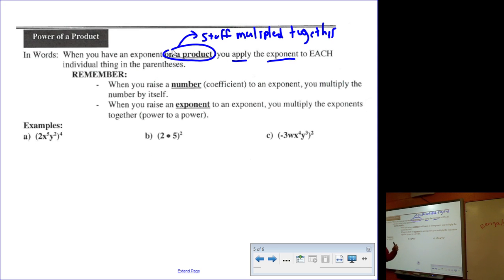I have a number of examples here, and I will point these two things out as we use them. So in example A, I have a product, 2 times x to the 5th times y to the 2nd, and it is all to the 4th power. So this rule says that you can take that 4 and you can apply it to each term in the product.